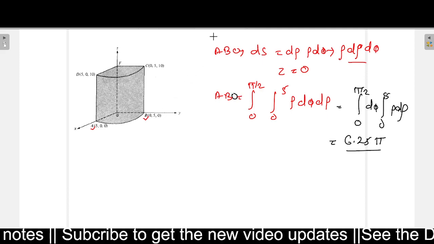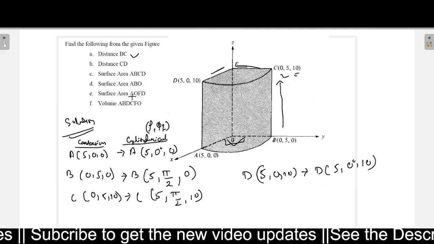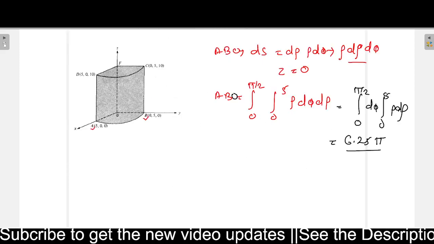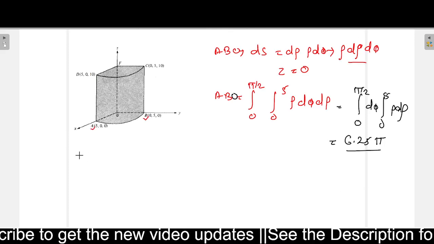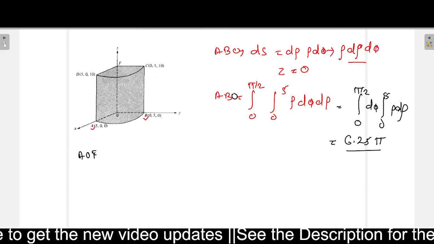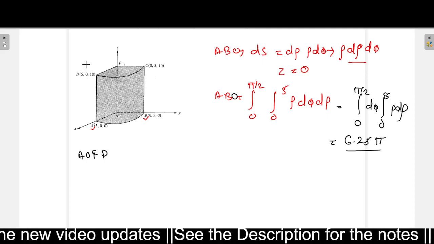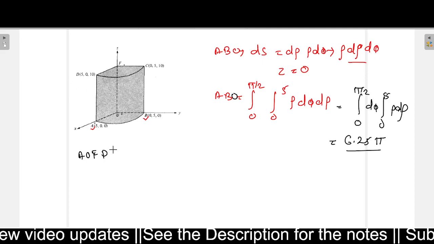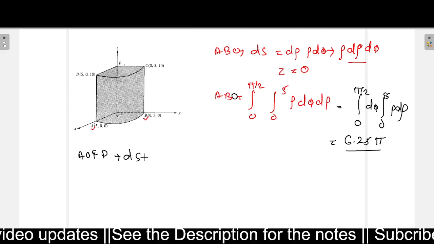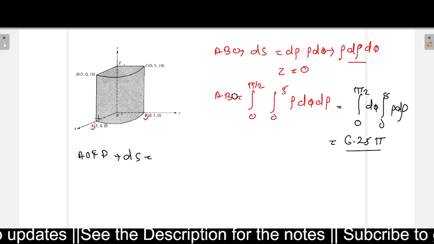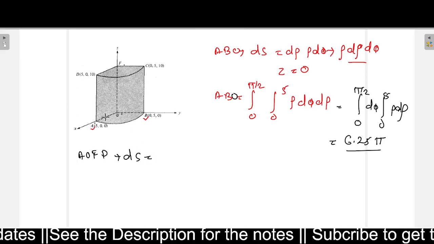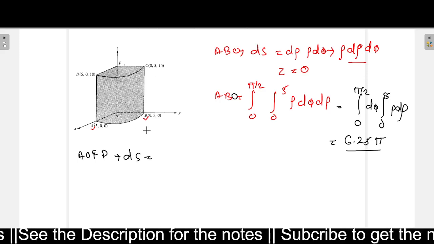Next question is AOFD. So what is AOFD? It is asking for this side surface. For this, what will ds be here? You see one variable is constant, the angle, which is at 0 degrees.